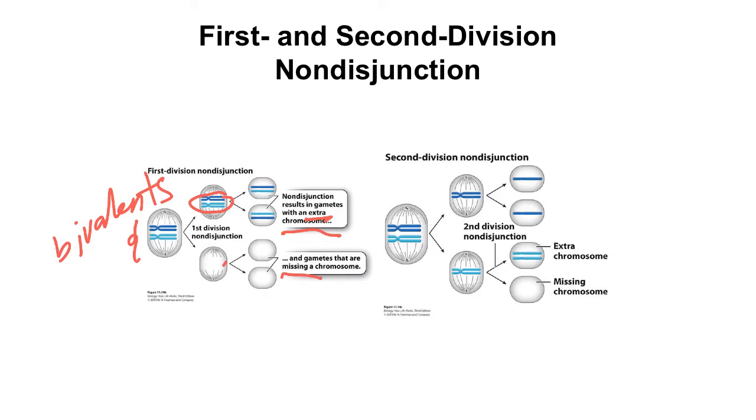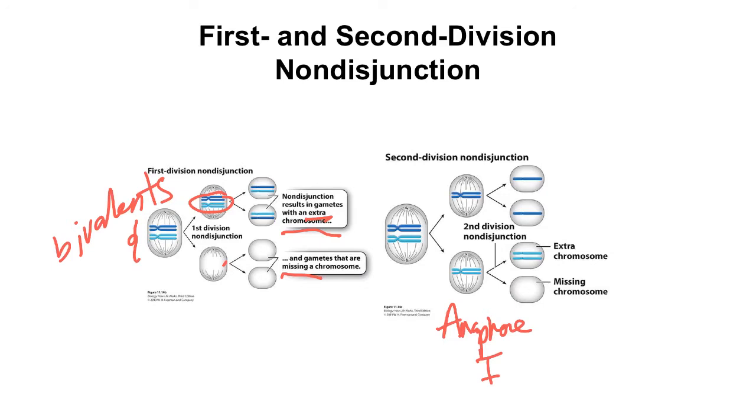Now, if non-disjunction happens later, in other words in anaphase 2, let's assume that anaphase 1 happens normally.